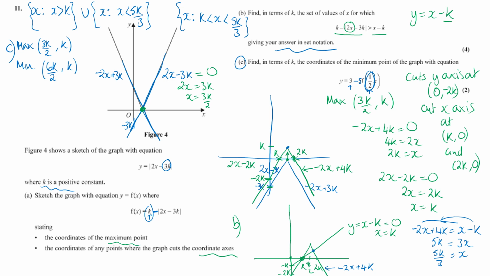Then you're going to times it by 5 in the y direction, so that'll be 3k minus 5k, and then finally you're going to add the 3, and that's going to shift it all up 3, so it'll affect the y coordinate, so it'll be 3k minus 5k plus 3. So that is where the min will go.